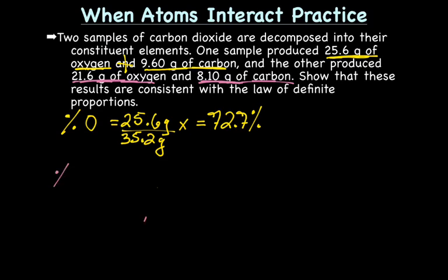So percent oxygen in the second sample, we start with 21.6 grams of oxygen, and this time the total mass, we're going to add up 21.6 oxygen and 8.1 carbon, giving us 29.7 grams.